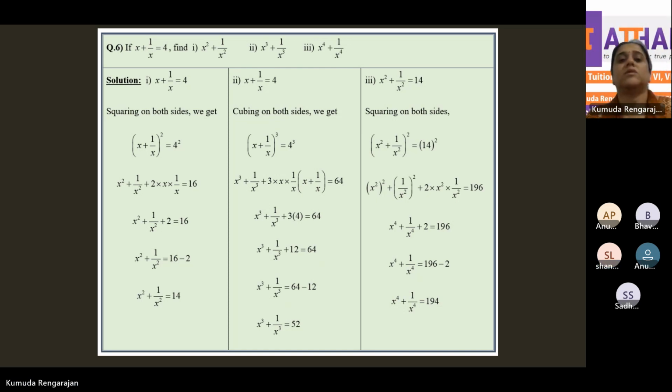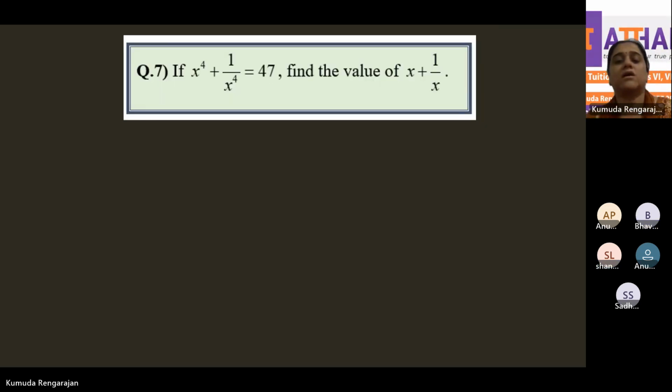Yes, miss. Okay. Now, this is the reverse procedure. If x to the power 4 plus 1 by x to the power 4 is equal to 47, find x plus 1 by x.